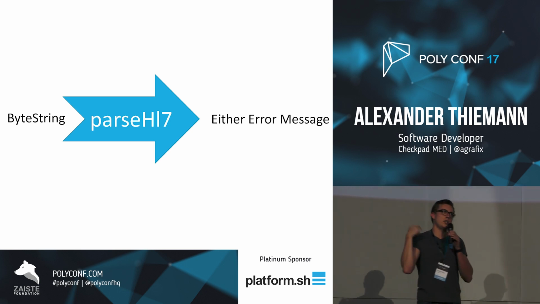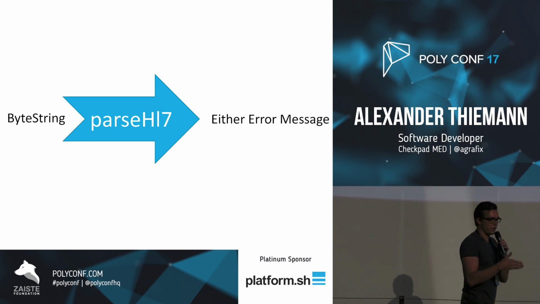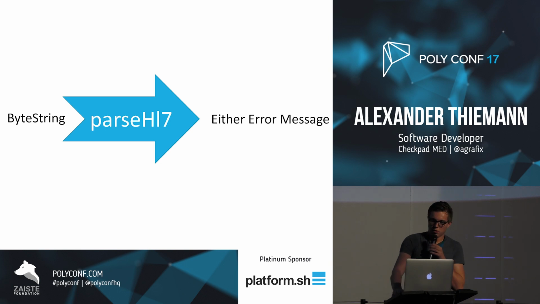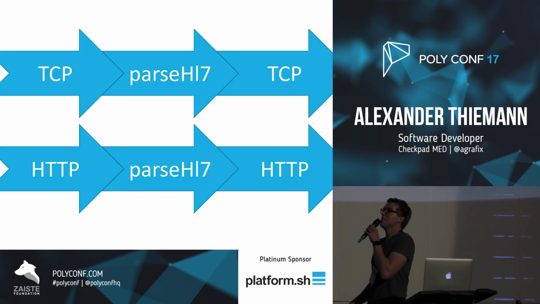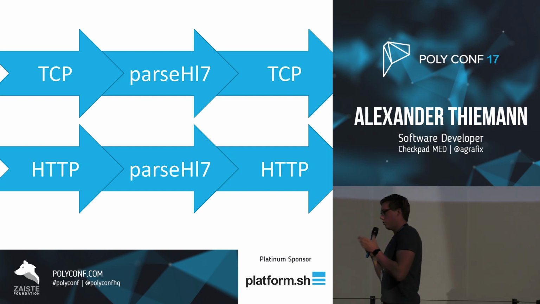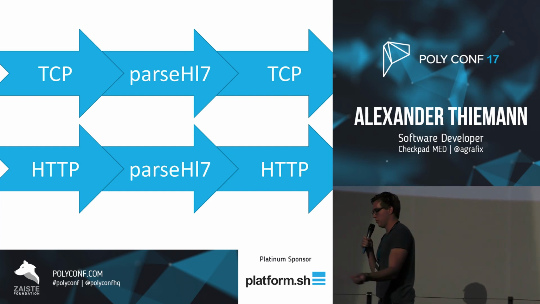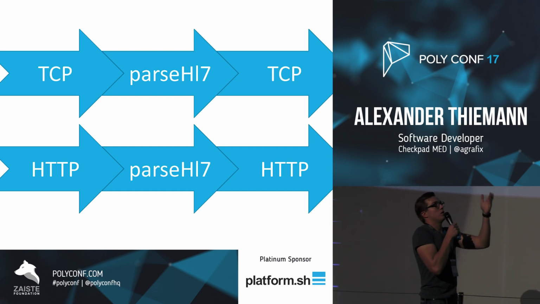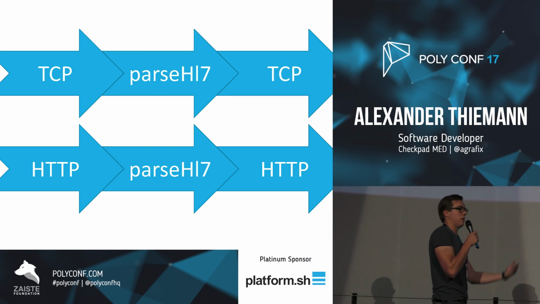You can just use this function, as I did in the test code, freely inside your project, in your code. Or you can hook it up to a TCP stream, for example, right? So you just get raw bytes from your TCP stream, you put them in the function, and then you get a message out, and in this case we would serialize it again and send it as a byte string.